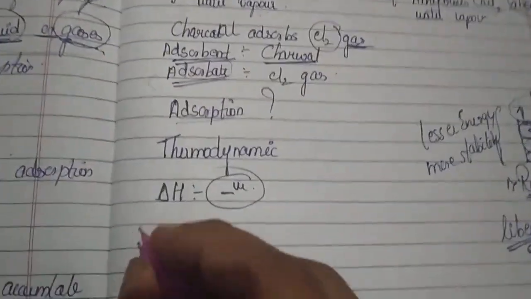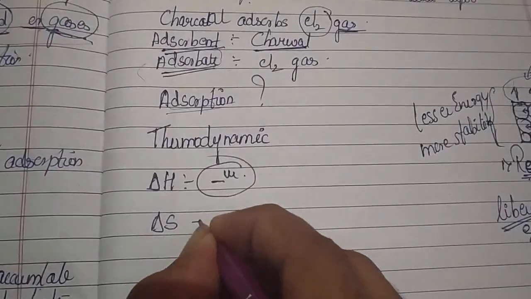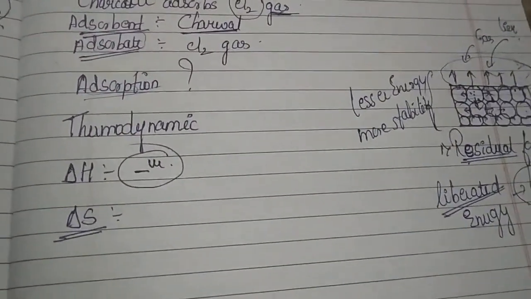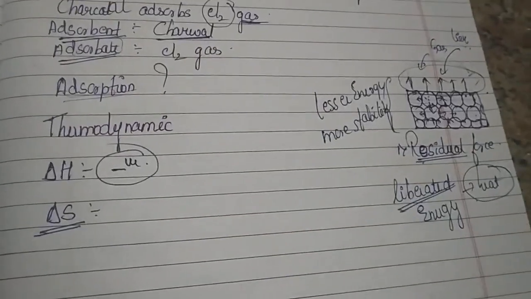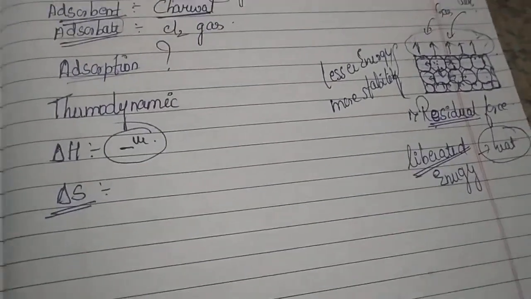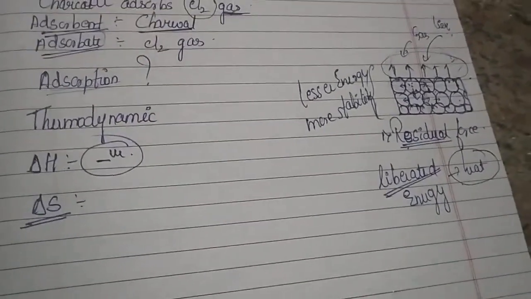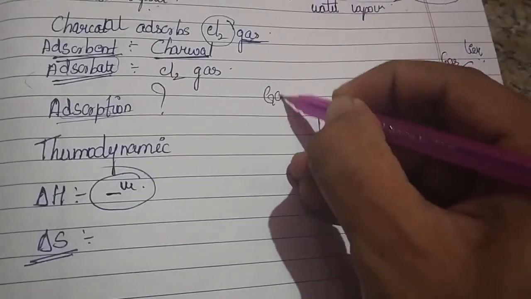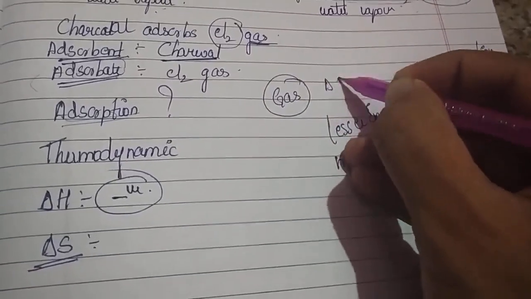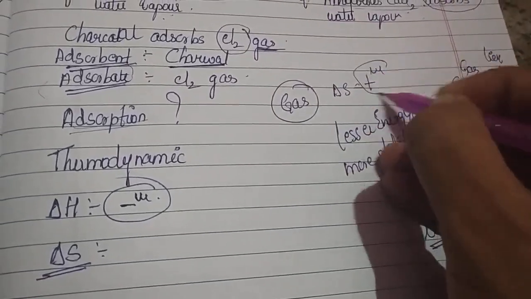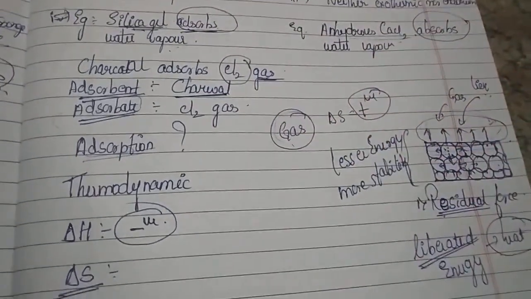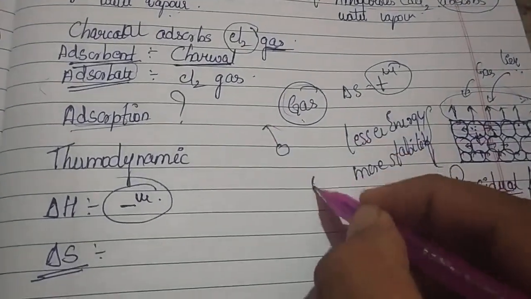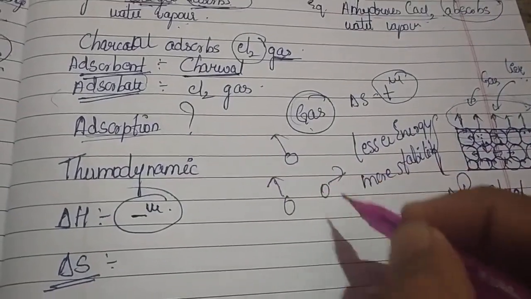Can you please tell me what will be the sign for delta S, that is, the entropy change? If you do not remember entropy, let me remind you: it is the measure of maximum randomness. We know that for gas molecules delta S will be positive, because the molecules are going everywhere in random motion and are very free to move.